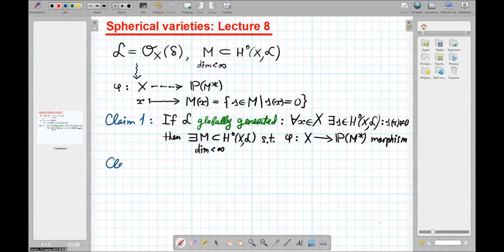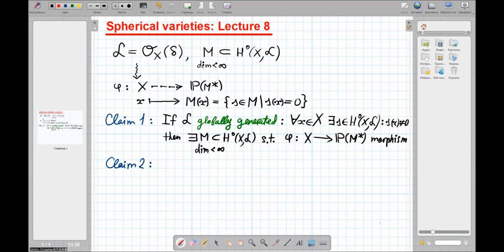So we have constructed a morphism to a projective space from a globally generated line bundle and a finite dimensional subspace of sections of this line bundle. And the second claim says that actually any morphism to a projective space comes from this construction.